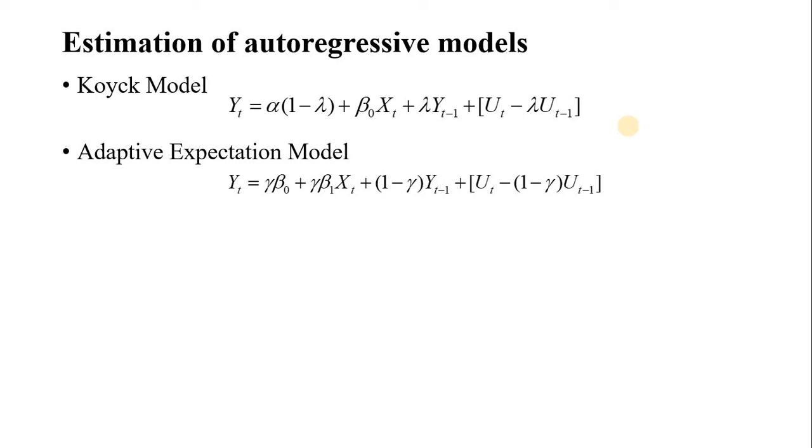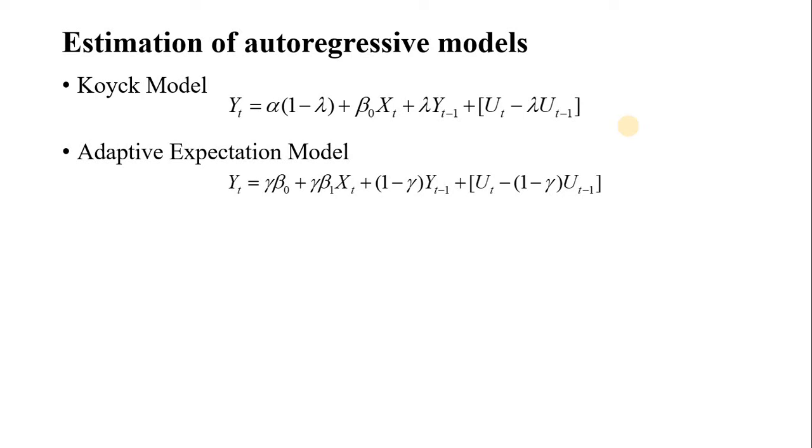One thing is common: here also the lagged dependent variable appears as an additional explanatory variable, but the coefficient is slightly different. Here the coefficient is 1 minus gamma. Earlier it was only lambda.